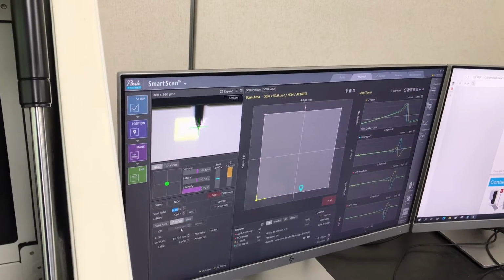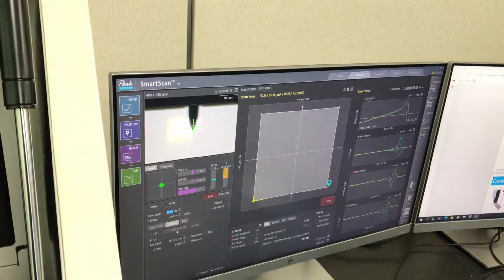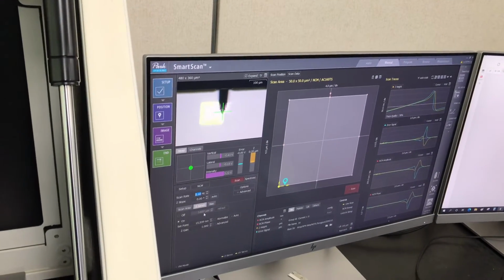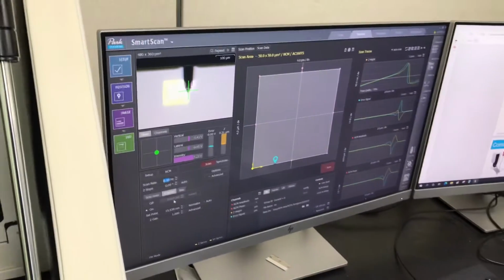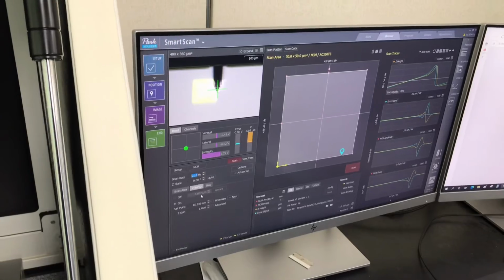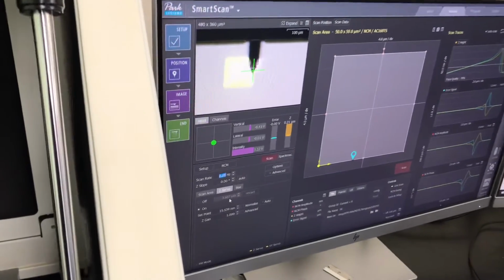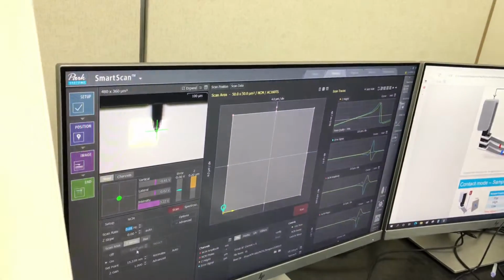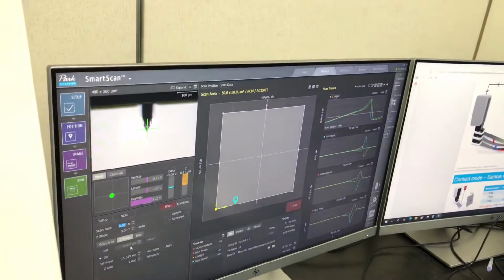Okay, trace quality changes, right? I changed to a lower scan rate. If I change it even lower like this, maybe the trace quality will be higher.